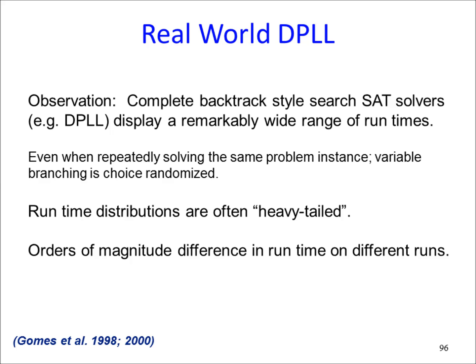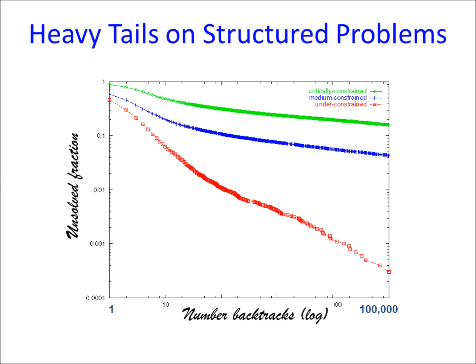So here's an observation that I'm going to give you. Suppose I did DPLL and somehow randomized the variable selection. Then you will find that some runs will take forever, never finish, and some runs will be solved like this.